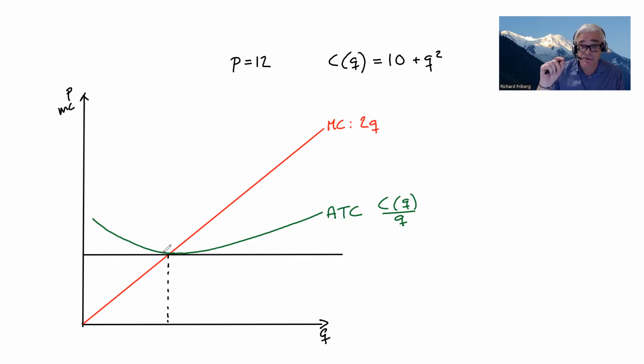Meaning that there is zero profit at this point. So the firm is not making any losses, but it's not making any profit either. Okay, so zero profit, and that's what we expect to prevail in the long run if there's free entry.